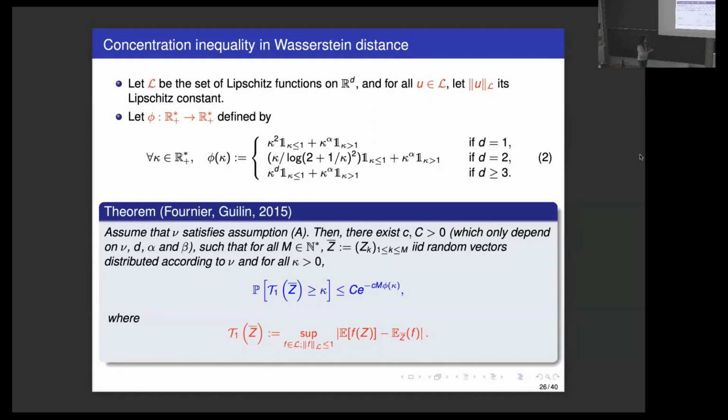Then the result says that for any error threshold kappa, which is meant to be small at some point, the probability that this supremum is greater than kappa is lower than some constant c times exponential of minus c m phi of kappa, where phi of kappa is this function here, and m is the number of samples in Z bar.